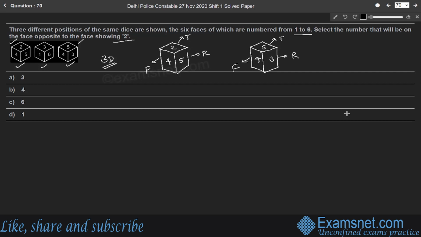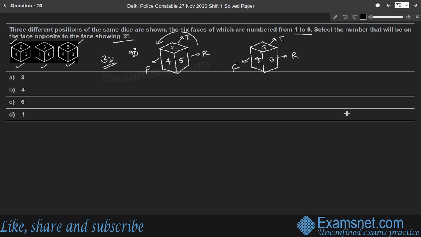Here 5 is on the right, and the same 5 comes up. So which will be on the top? How is it possible? When the dice is rotated anti-clockwise through 90 degrees, the position of the 5 will come up. That is, this will be on the top. So when it comes up, 3 will be on the right.